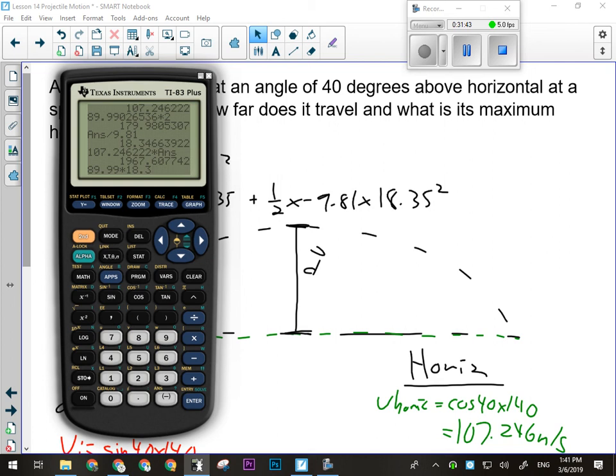I'm rounding here, guys, just because I'm lazy. Plus 0.5 times negative 9.81 times 18.35 squared.